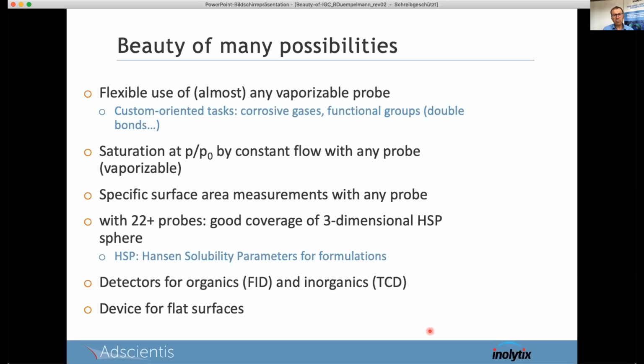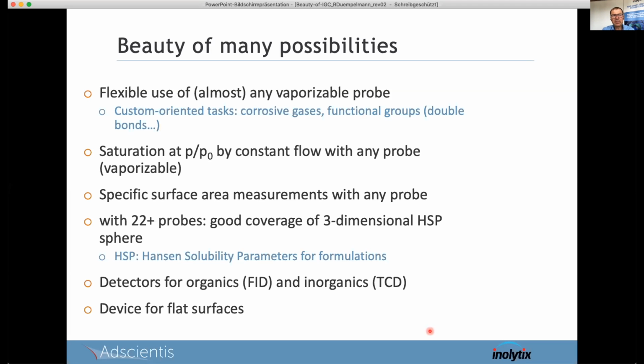That's something we already mentioned, the choice of probes for the HSP sphere and the measurements. Yes, if you take 20 or 22, it doesn't really matter so much if you have an equipment and automatic equipment, which you really can use the advantage of taking a lot of different polar and apolar probes.